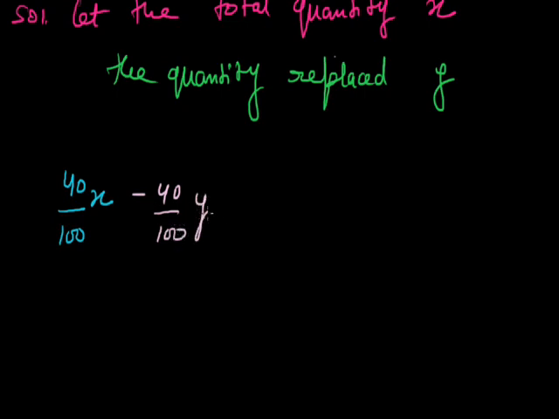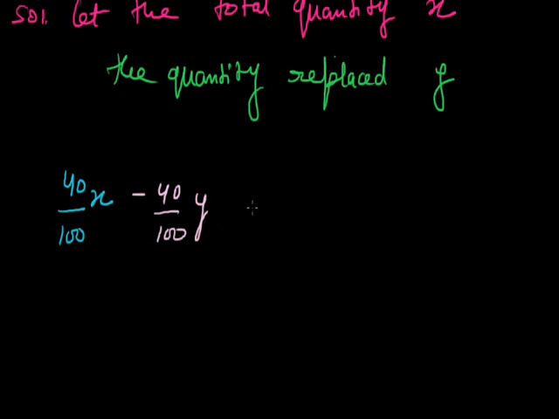This is the quantity of alcohol we have removed, because the replaced quantity was y, and in that y only 40% will be alcohol. We had 40% of x as alcohol. We have removed 40% of y alcohol.